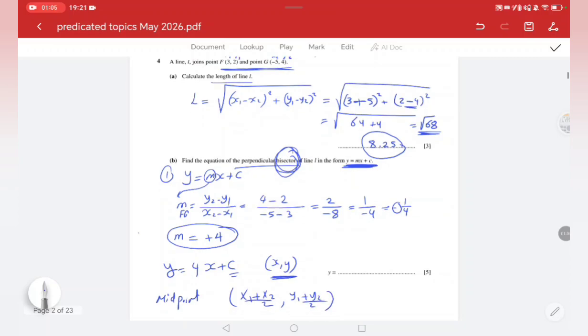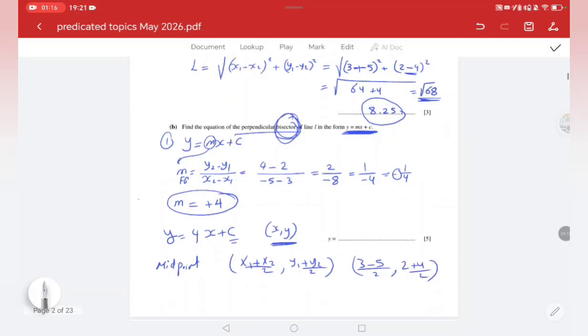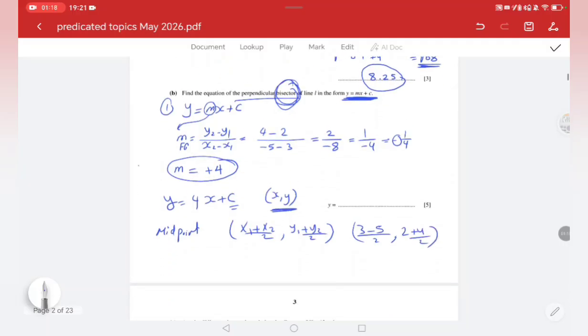So 3 plus minus 5 over 2 and 2 plus 4 over 2. So 3 minus 5 is negative 2, over 2 is negative 1, and 2 plus 4, which is 6, divided by 2 is 3. So the point is negative 1 and 3.